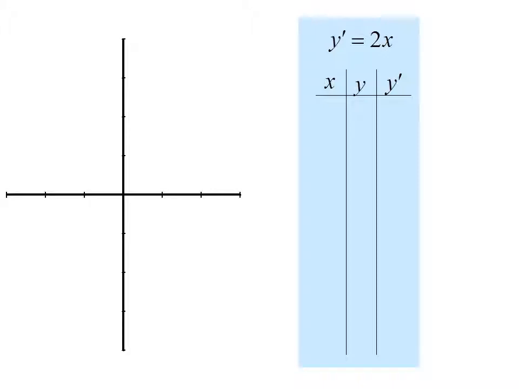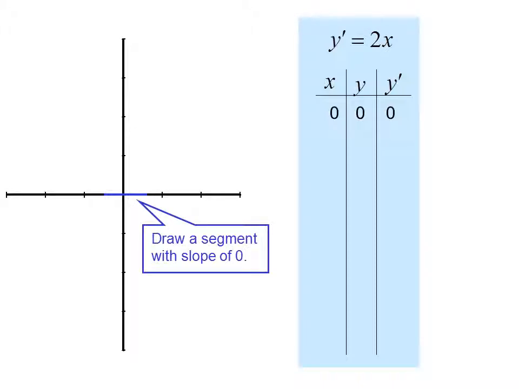We will start with y prime equals 2x. We pick a value for x and a value for y, in this case 0, 0. So y prime equals 0. Now we draw a short line segment with a slope of 0 across the point 0, 0.